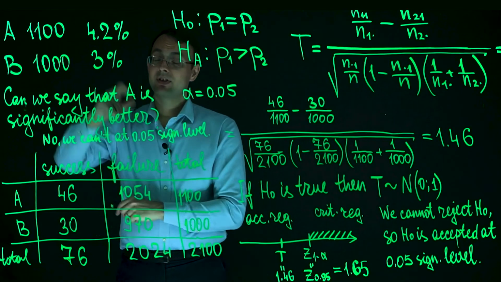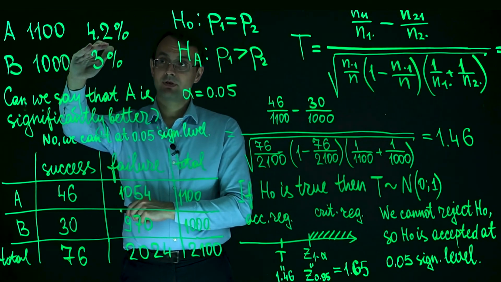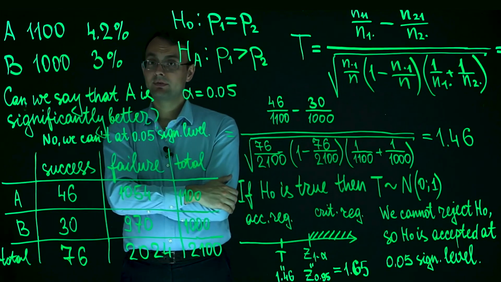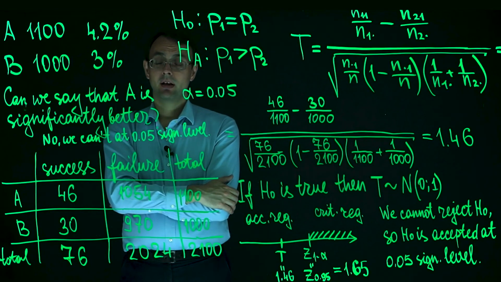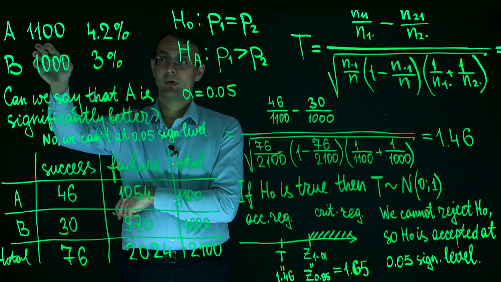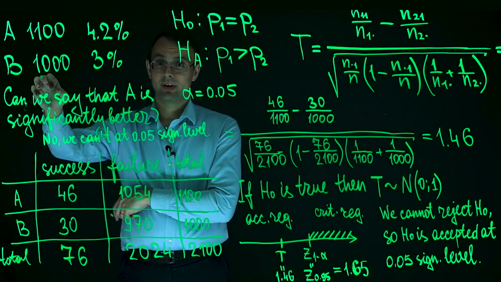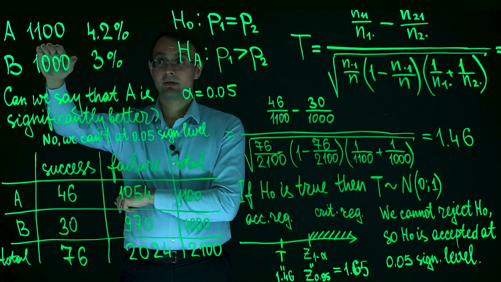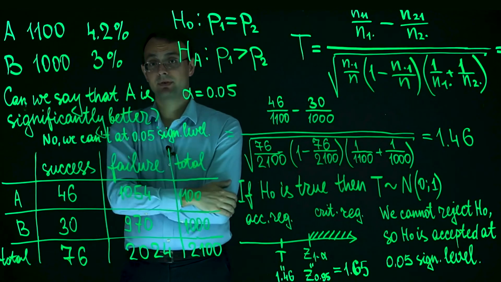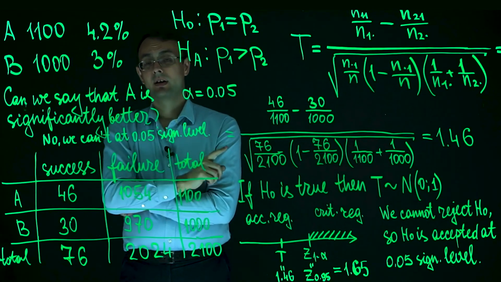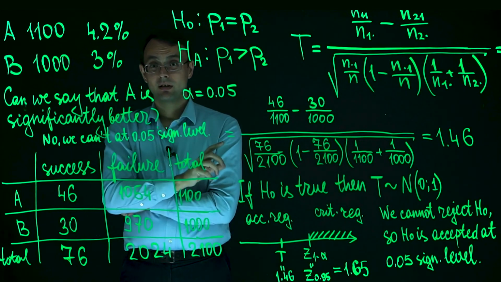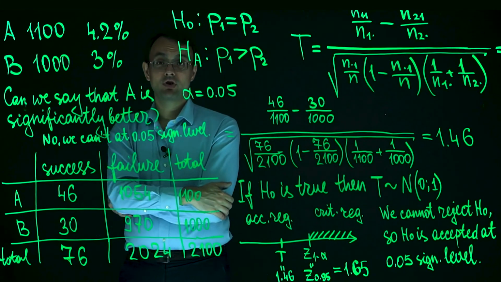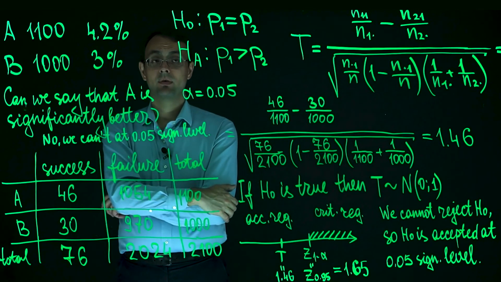Or if the same percentages, 4.2 and 3, were observed not with samples of 1100 and 1000, but with samples of, let's say, 10,000 and 10,000 observations, if we had 20,000 observations in total, we also would reject the null hypothesis in favor of the alternative one.